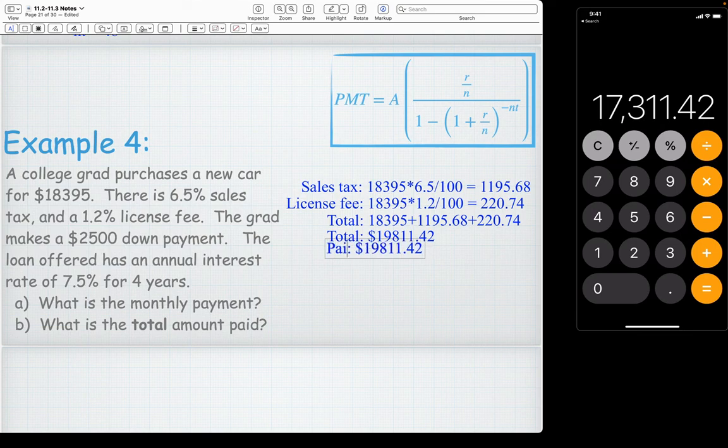So we paid $2,500, and therefore we owe $17,311.42. And that is what we decide to take a loan for. So that's our A. That's the amount of the loan.